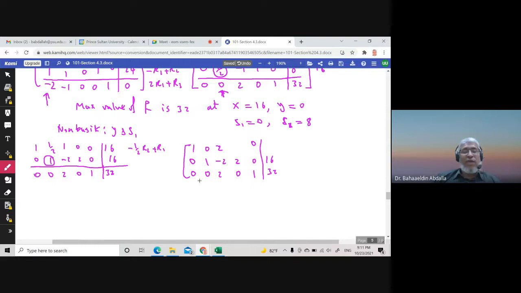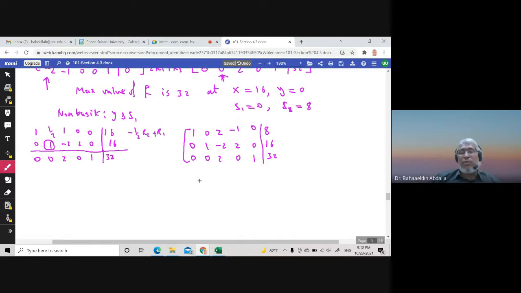Negative half times 2 is negative 1 plus 0. And negative half plus 16 is negative 8 plus 16 is 8. And now this is another final matrix.